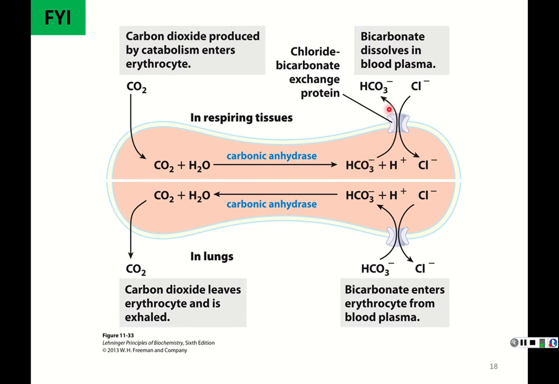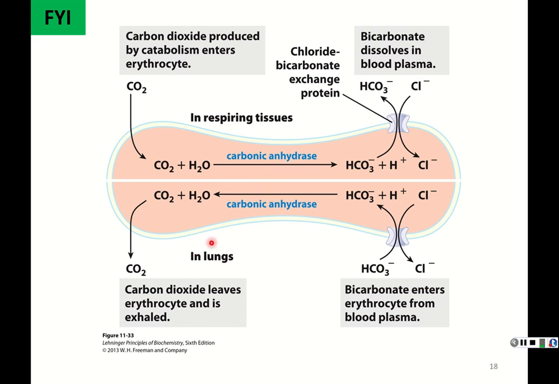Then it's shuttled out here. There's this kind of fancy thing it does. It's negatively charged, so it's shuttled out, and a negatively charged chloride ion is brought in. So that dissolves in the blood plasma, and then it can be transferred through the bloodstream from the muscles to the lungs.